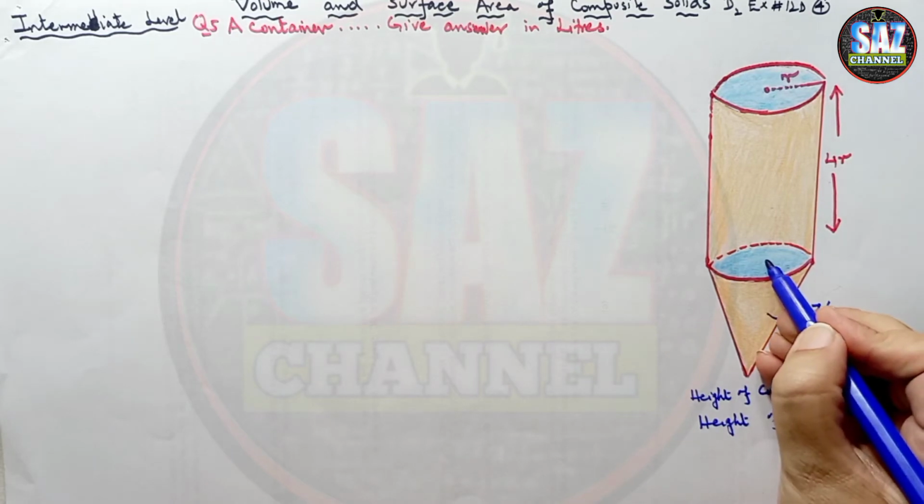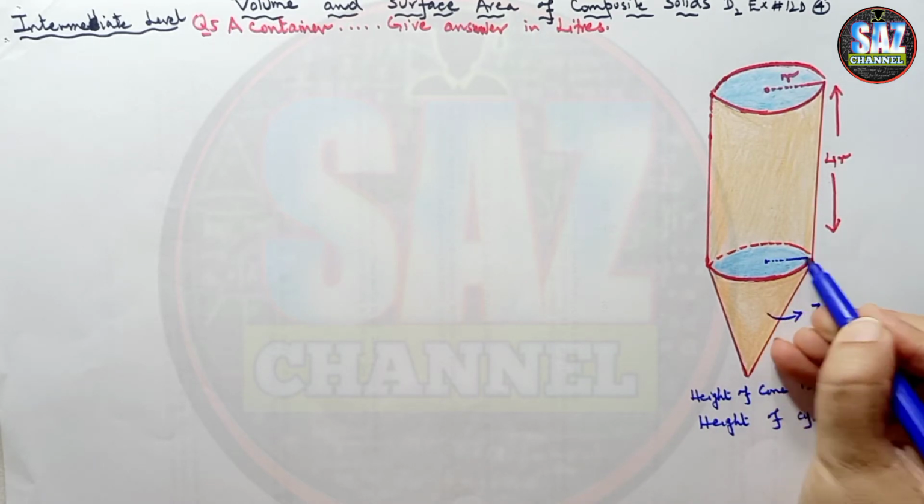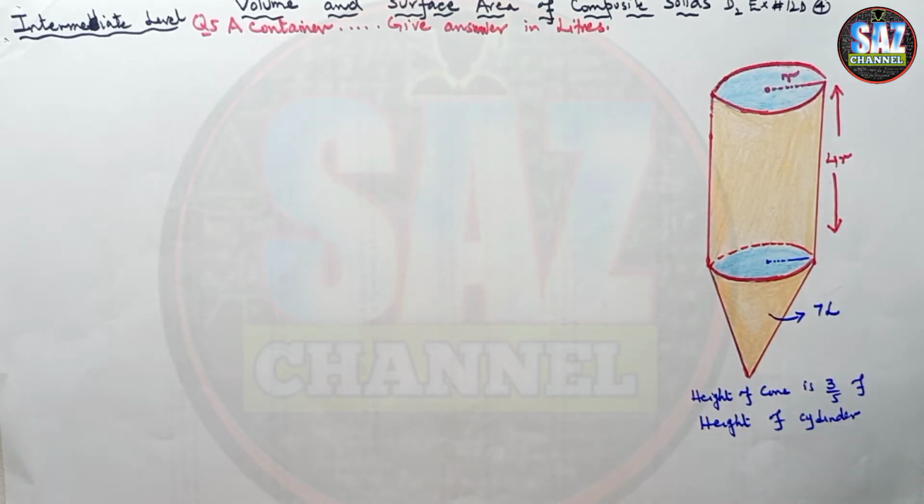So first of all, we are going to make use of this information. And second, we should know that 7 liters will be equal to how many centimeter cube, because r and height are in centimeter.